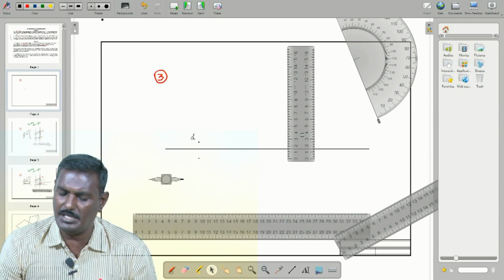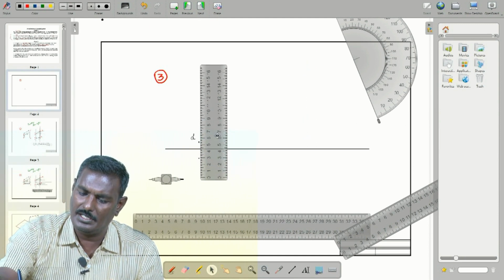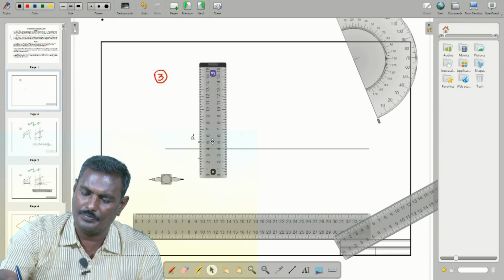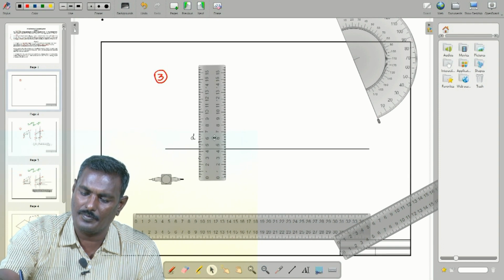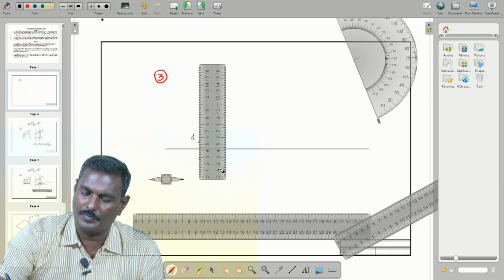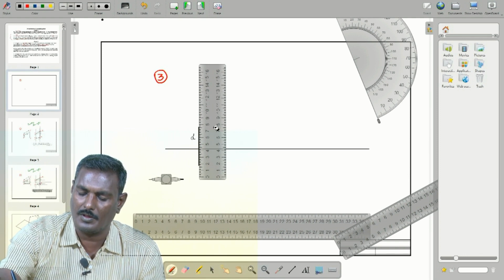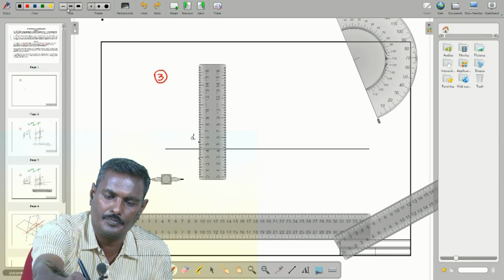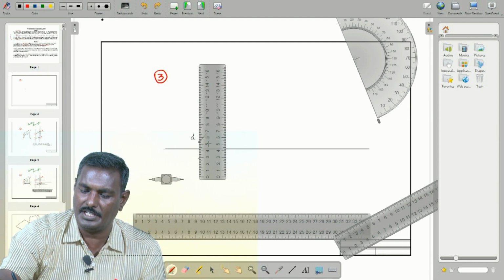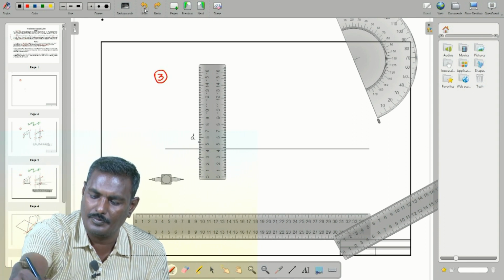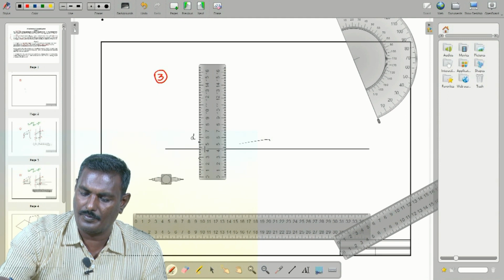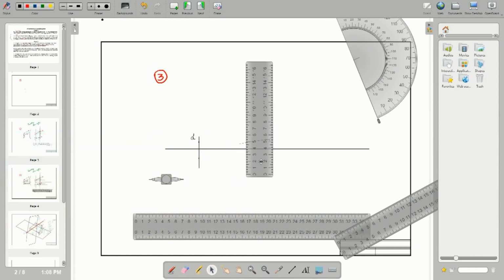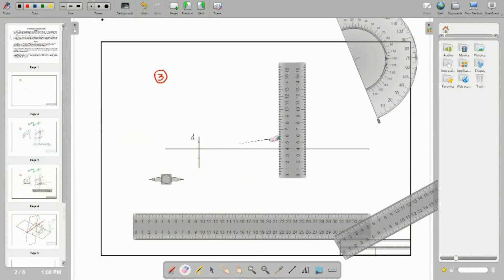First, after finding A dash, immediately we have to construct a projector, then only we mark it. Construct a projector. Yeah, below, 15 mm in front of VP.